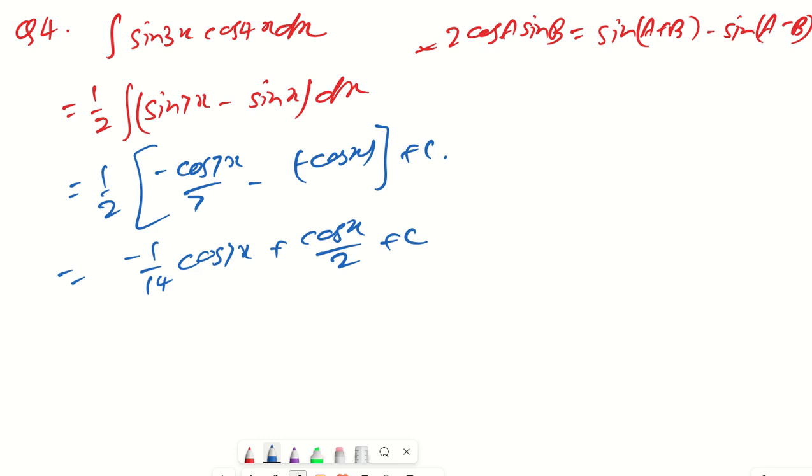Let us take another question. Question is integration of cos x by 1 plus cos x dx.